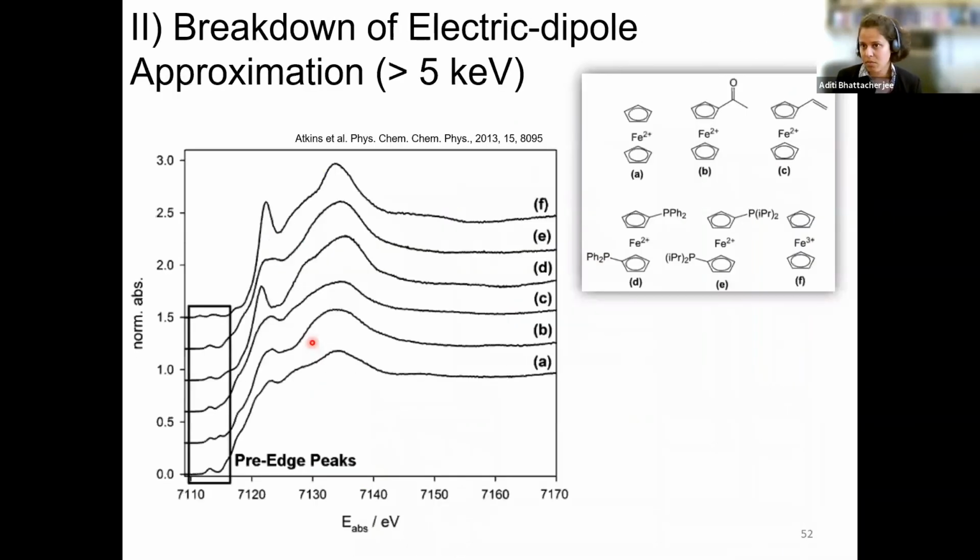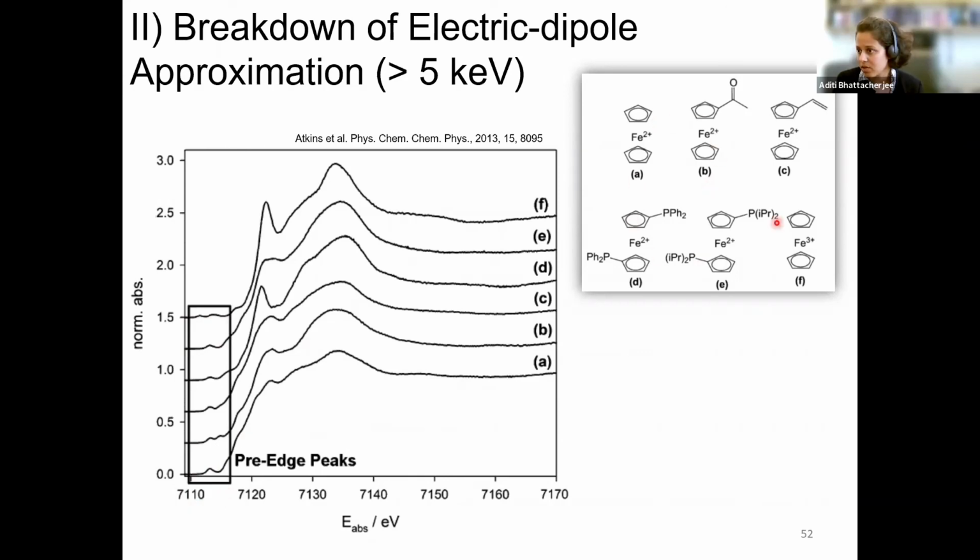The second point we made was that, in fact, X-ray absorption spectroscopy in the hard X-ray region, so at a free electron laser above 7 keV or so, will always have these pre-edge features, and these are features that are dipole forbidden and quadrupole allowed.